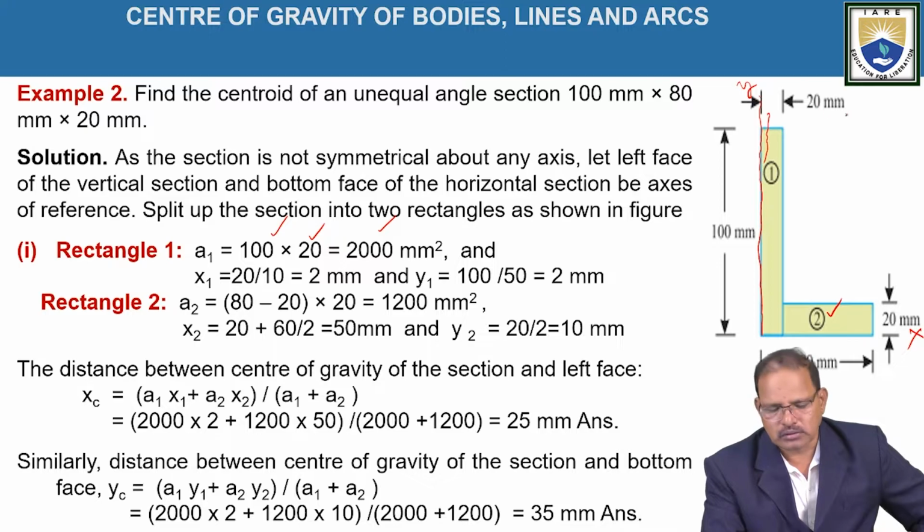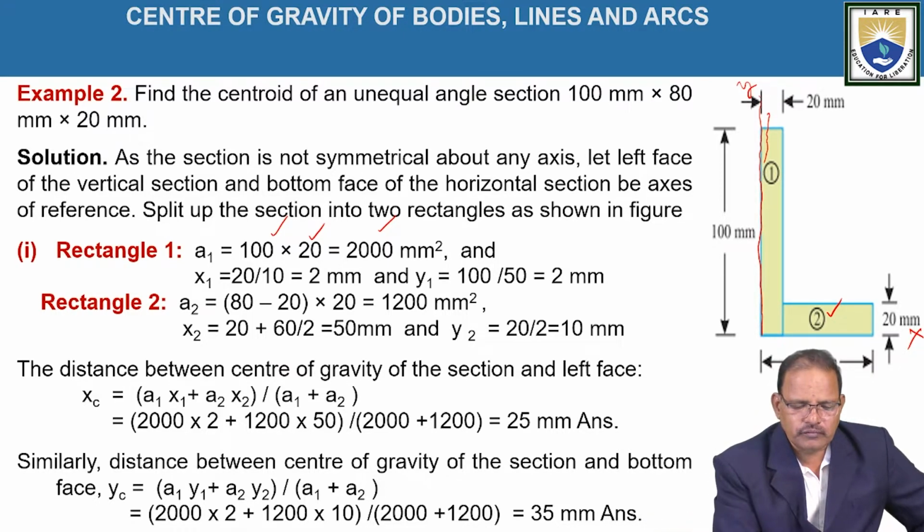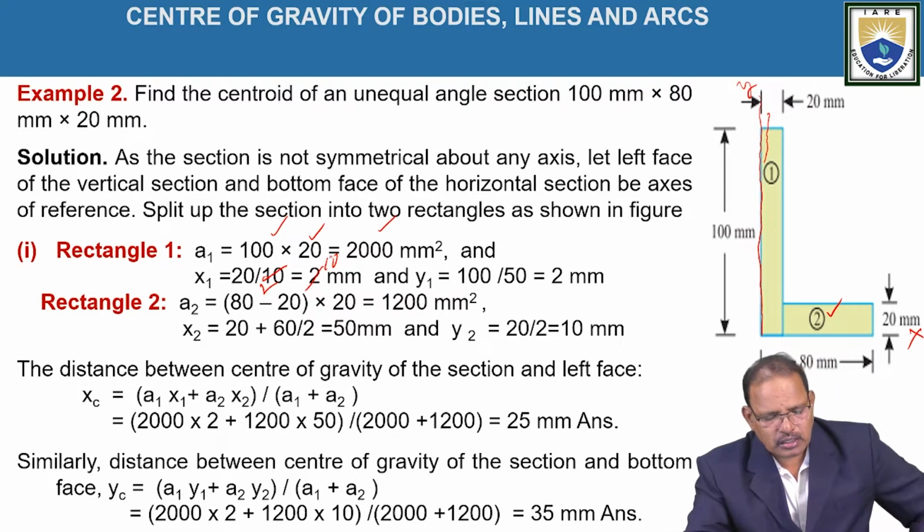That is 20 by 2. That means x1 is equal to 20 by 2, which is equal to 10 mm. Similarly, y1 is equal to, the total width given is 100 mm.